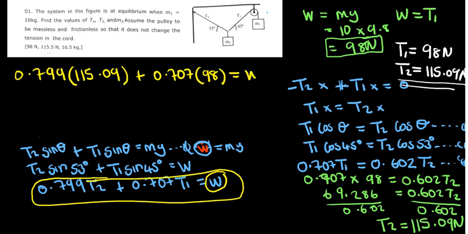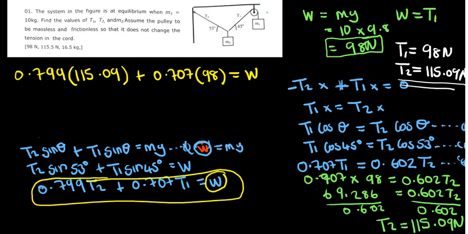To the weight. So if we punch in everything there, which is 0.799 multiplied by 115.09, plus 0.707 multiplied by 98.